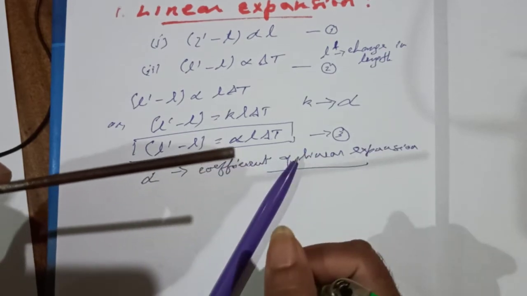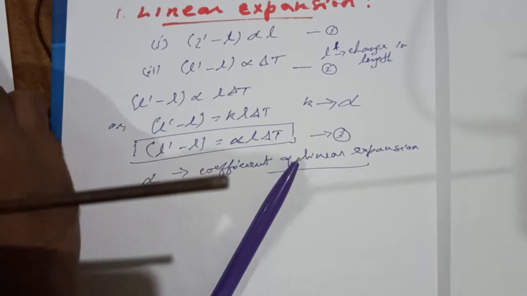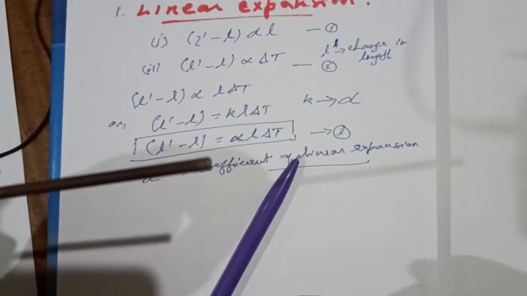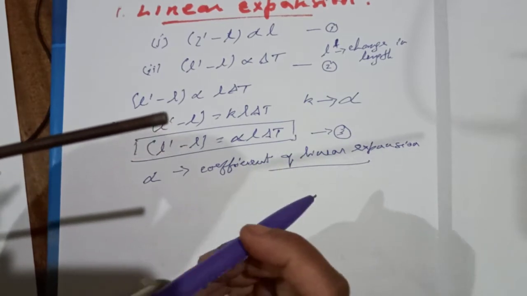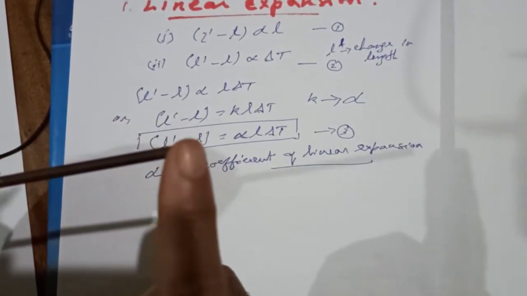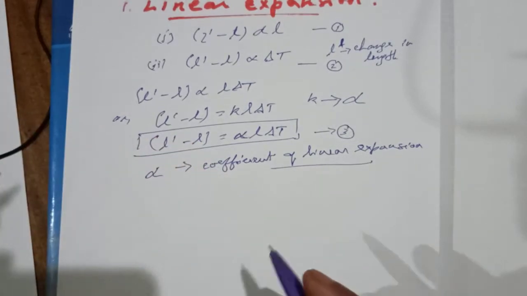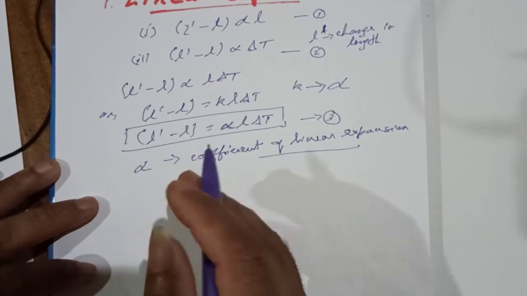The change in length will be different in each material. That means they have different properties, which we call the coefficient of linear expansion. They have some constant which is very, very important.